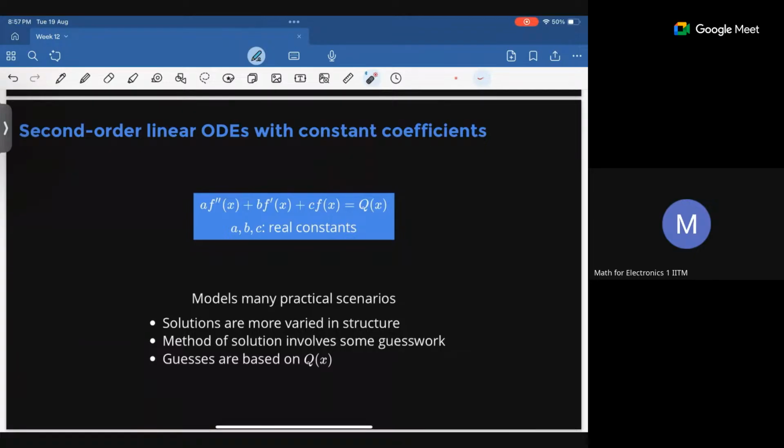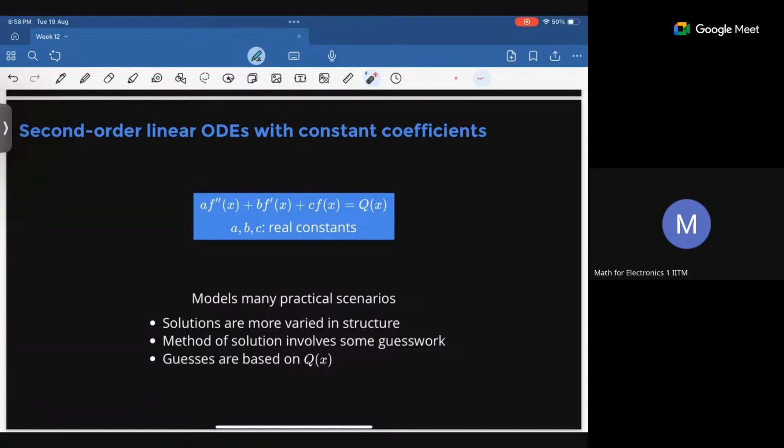So for solving these second order ODEs, sometimes we have structured solutions. Sometimes we have to do some guessing. Okay, that guessing comes with experience, so for that we need to solve more and more problems. Then we'll know how to guess the solution.